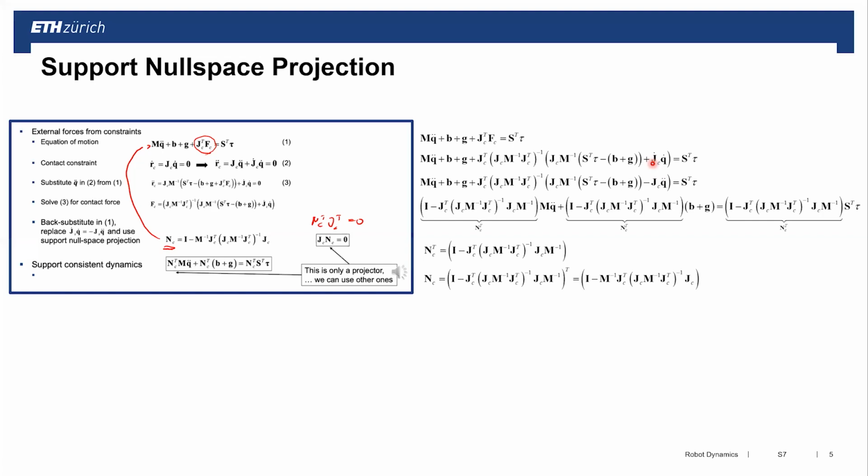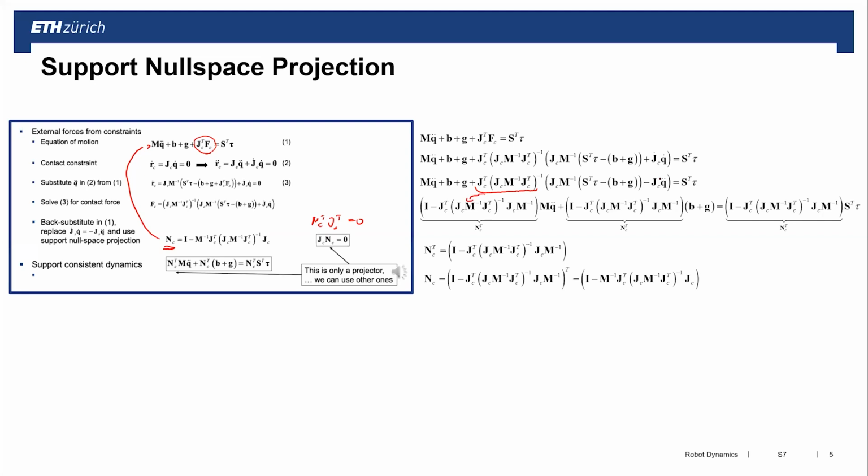And now we're doing a regrouping. So all that's happening is, here we have an M q double dot, so we have identity times M q double dot. And here we have a q double dot. So we take this part here, which gives that part.